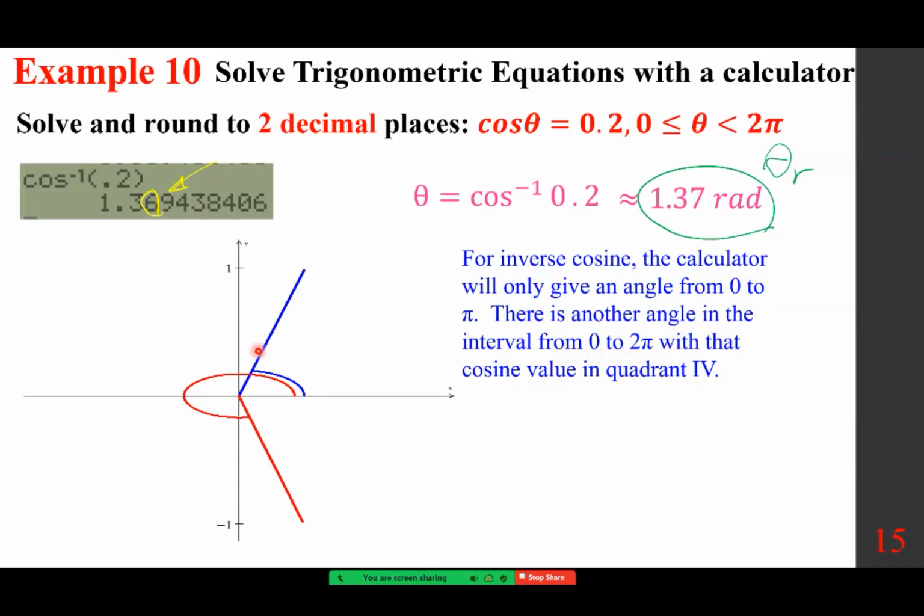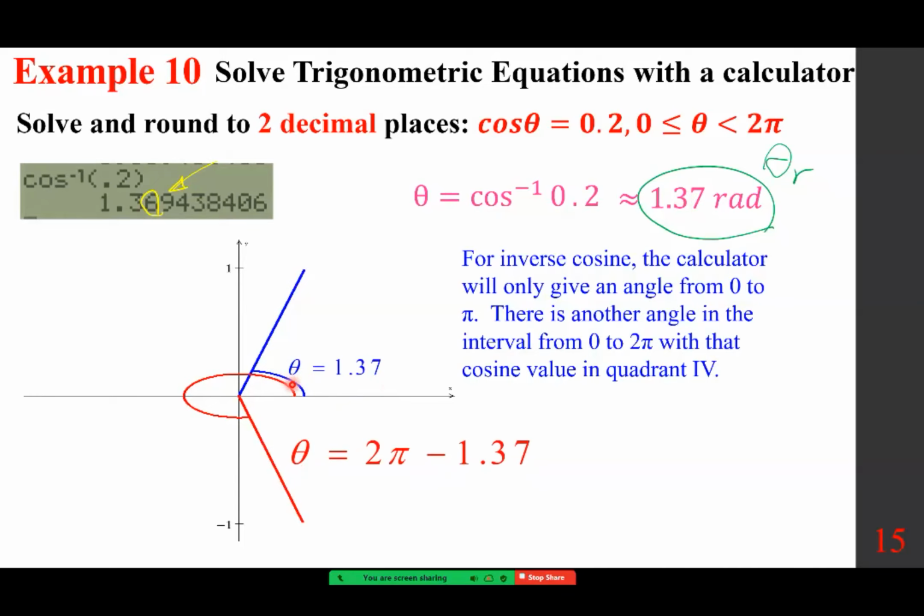So this is the first one in the first quadrant, 1.37 radians. By the way, as you know, this is pi over 2. This is pi, and pi over 2 is 3.14 over 2 roughly, which is 1.57. So the first quadrant. And then here's the fourth quadrant. So subtract this much from 2 pi. So this is theta equals 1.37.